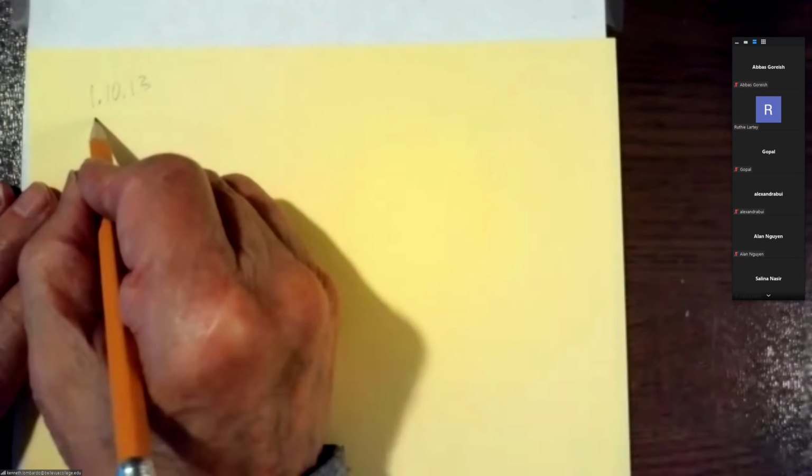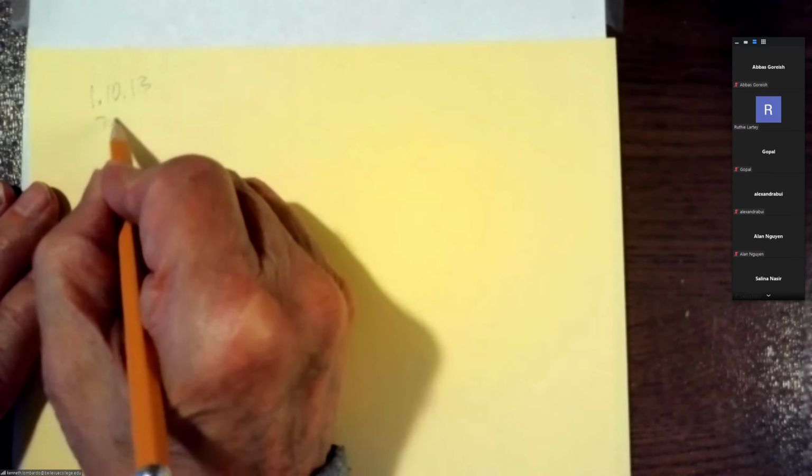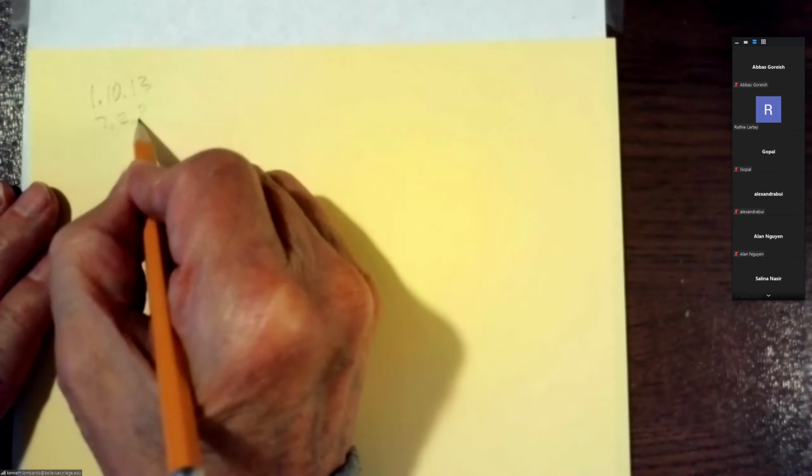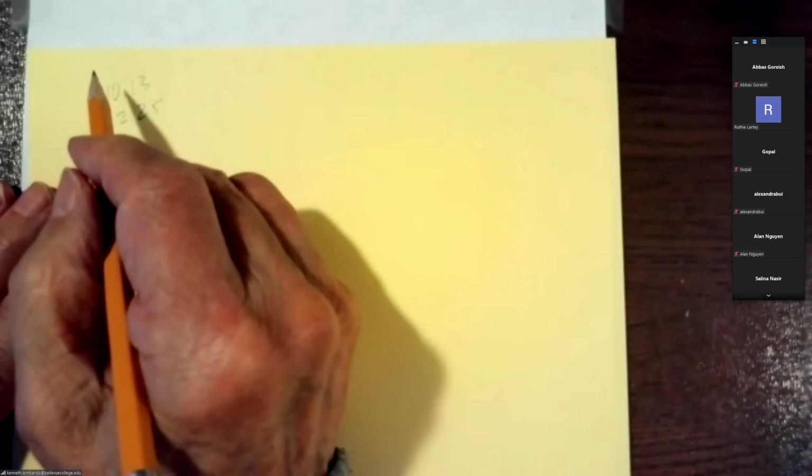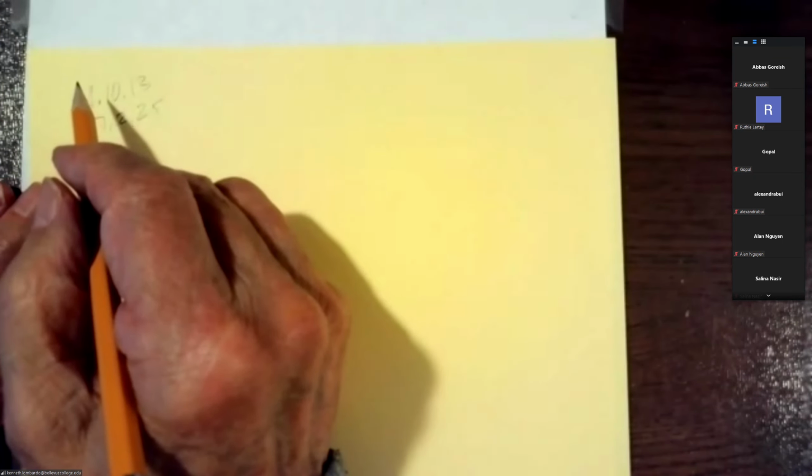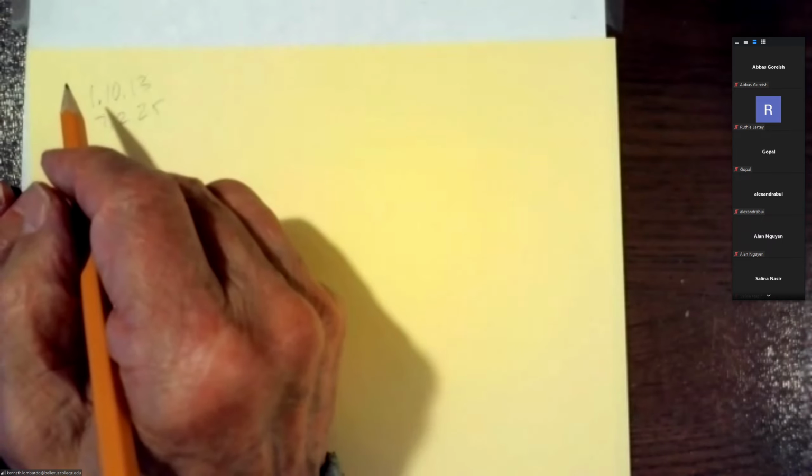The other one is 7.2, number 25. 25, so 13 and 25, oh yeah, 25, that is an assigned problem, okay. 1.10, number 13, what does that look like?